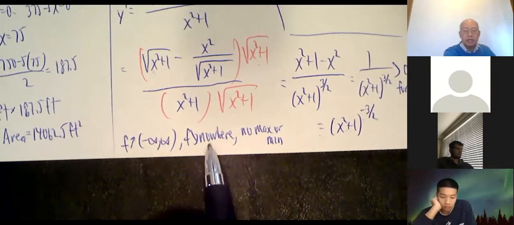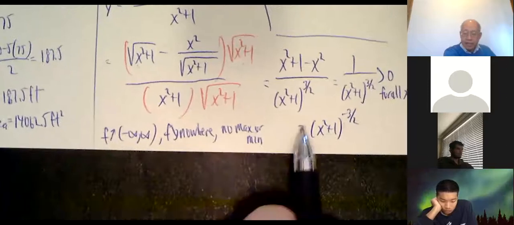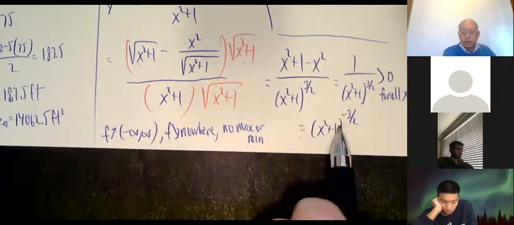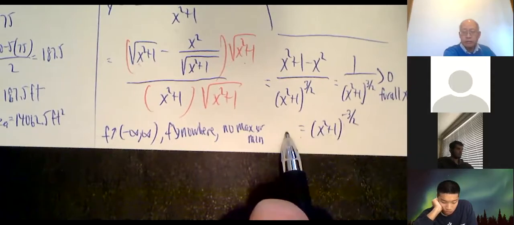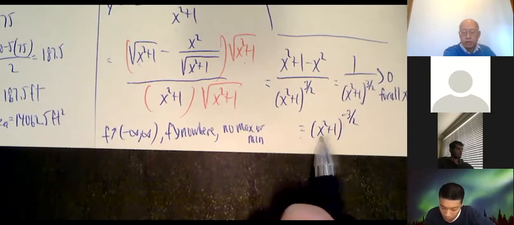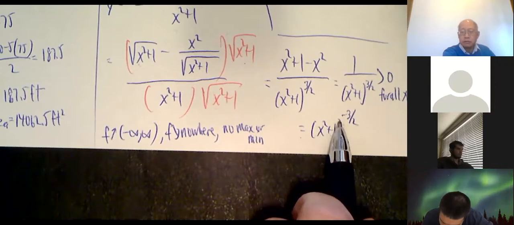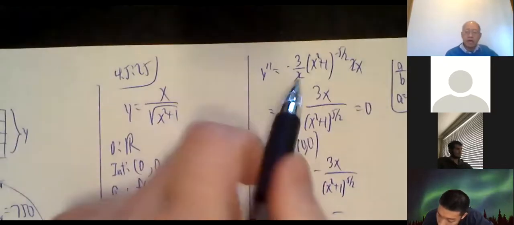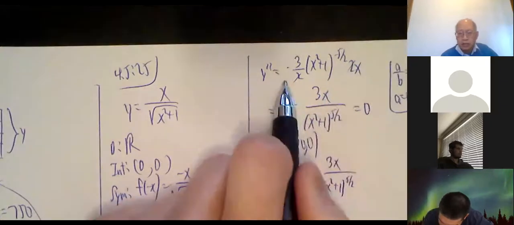Okay, so I do the second derivative analysis now, but at least taking the derivative of this is not so bad. So the derivative of this is negative 3/2, x squared plus 1 to the negative 5/2, and then times the 2x. So here we go. Negative 3/2, x squared plus 1 to the negative 5/2 times 2x. 2's cancel out.